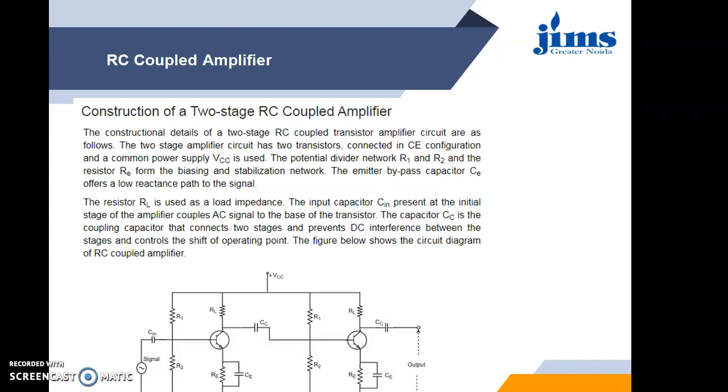The two stages are connected in such a way that the output of the first stage, which is the collector terminal, is connected to the input of the second stage, which is the base terminal.